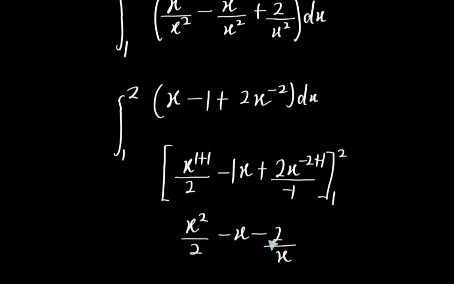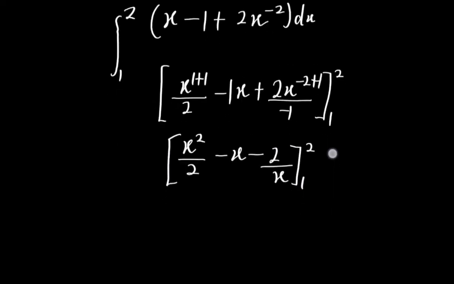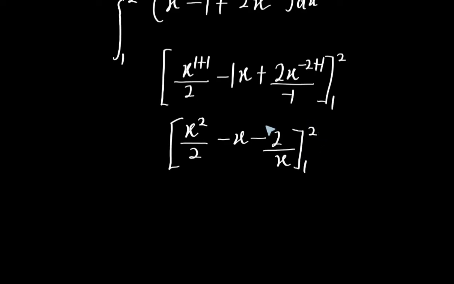You put them in that bracket form. Now we substitute 2 into this whole expression, then we do the same with the 1, and then we take the difference between the 2 and the 1.